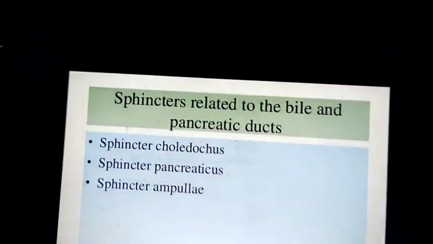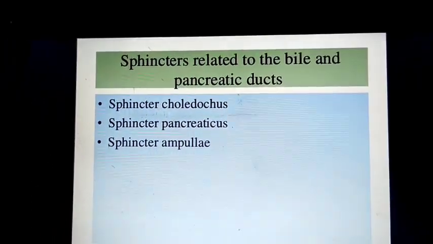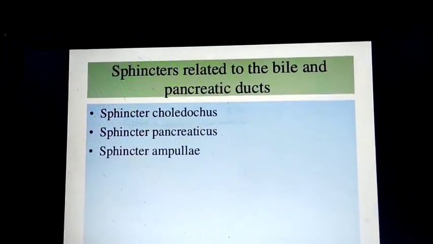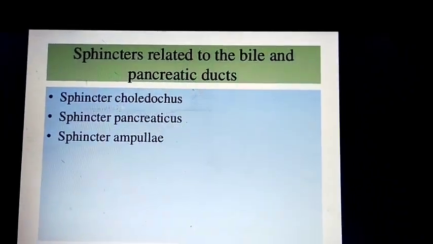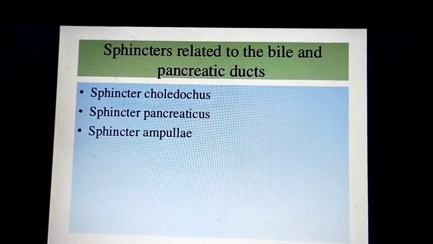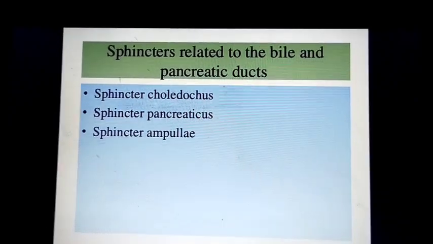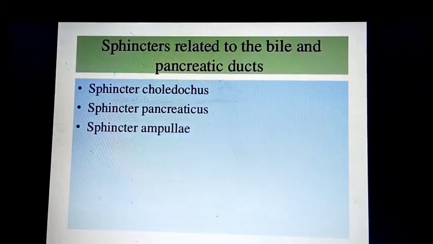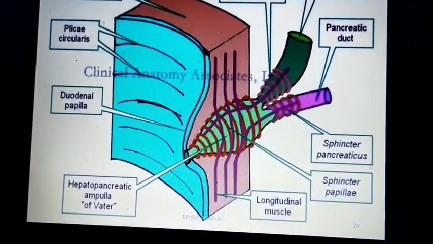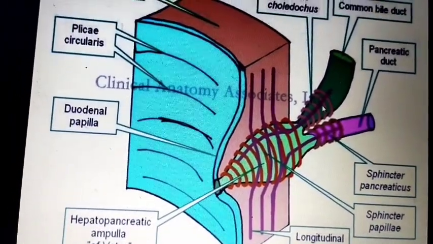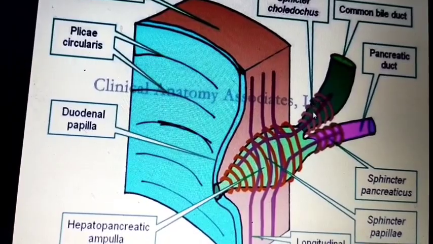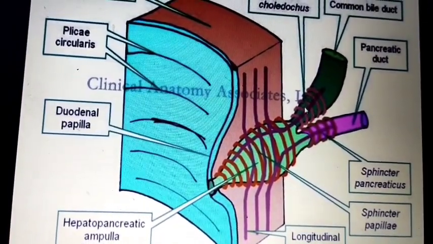The sphincters related to the bile duct and pancreatic duct. One is the sphincter of the choledochus, which is the sphincter of the common bile duct, the sphincter of the pancreatic duct, and the sphincter of the ampulla, the sphincter of Oddi. This is the common bile duct, it has one sphincter, the sphincter of the choledochus.